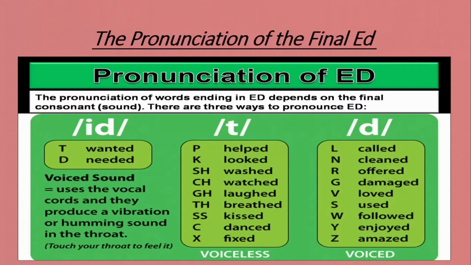So final t or d changes the pronunciation into id. The second way, or the second shape of ed final, is that we pronounce it as t.